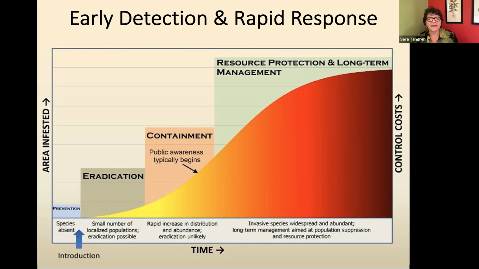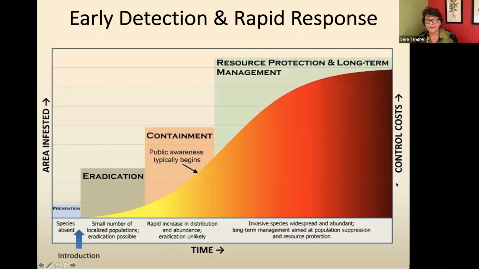And it expresses fairly concisely the way that we can make a lot of progress in turning this rather troublesome ship around. And so what we have here on the x-axis is time, and the y-axis is the area infested. So the area infested is expressed by this yellow to red curve.